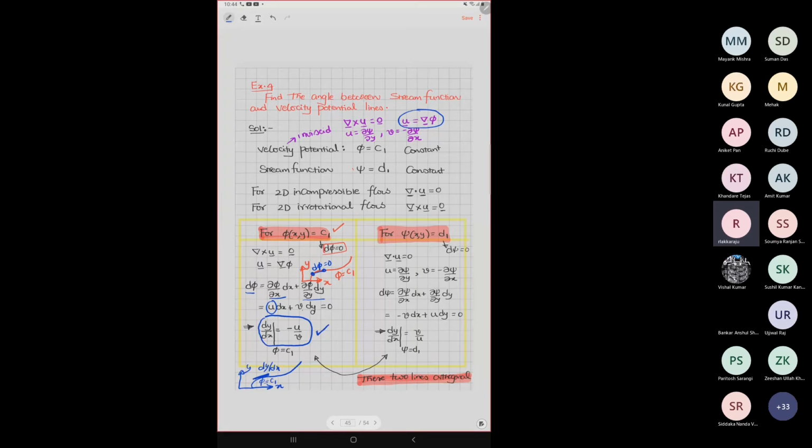Similarly, look at the stream function psi. Psi of x, y is equal to d1. So along the psi line, if I am going to calculate, d psi is equal to 0. The same argument. Now let us calculate the complete derivative d psi, which is equal to 0 on that particular stream function line. Del psi by del x dx plus del psi by del y dy.